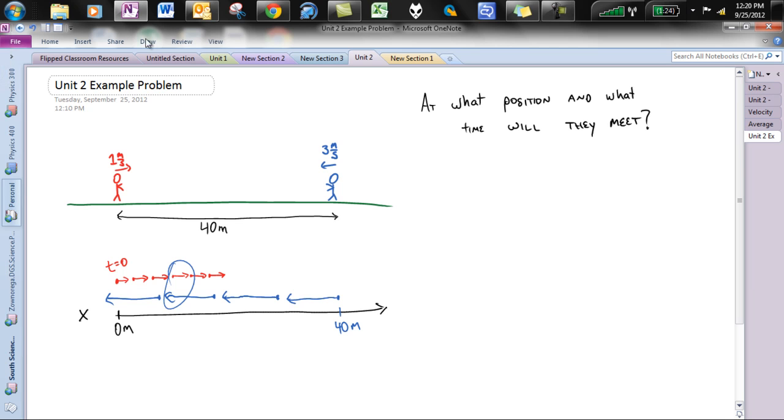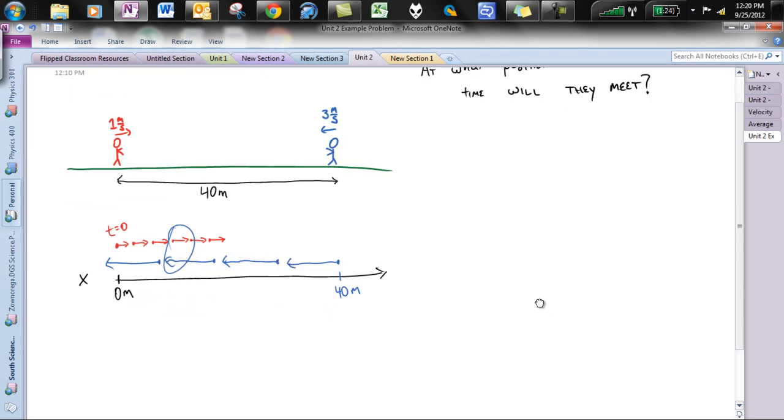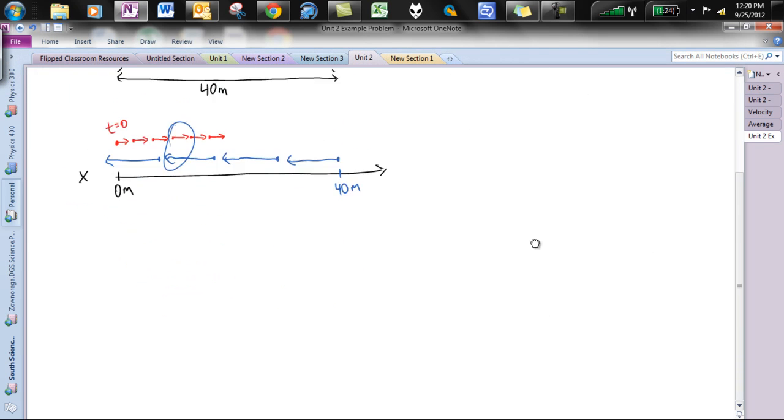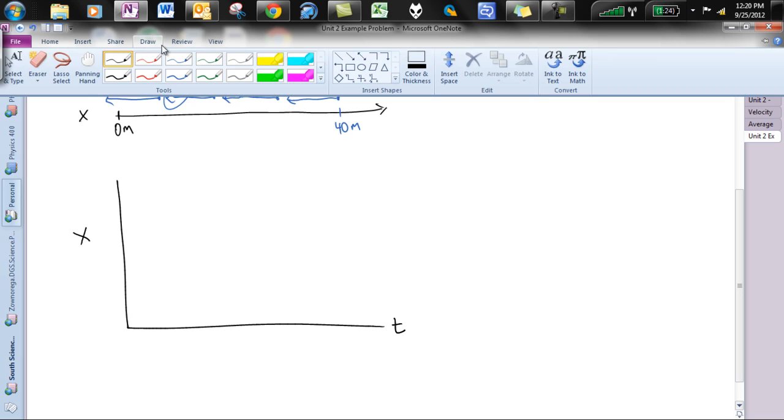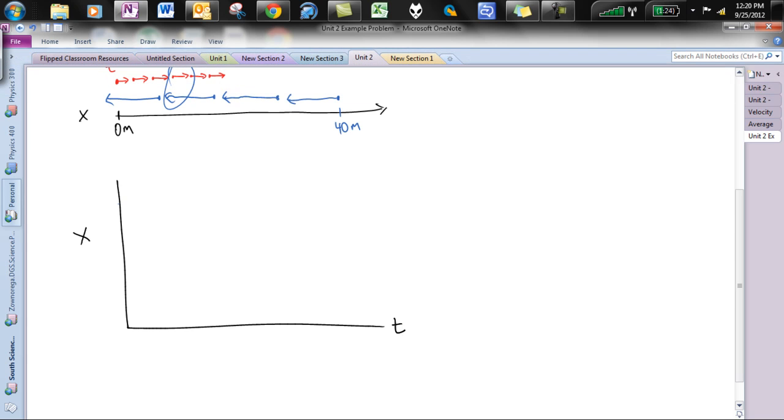The other thing that I want to draw in is, of course, a position versus time graph just to help out with my visual. So my position versus time graph, again, X versus T, position versus time. And my blue guy is again going to start at the 40 meter mark, as we saw. So I'm going to make this 40 meters.